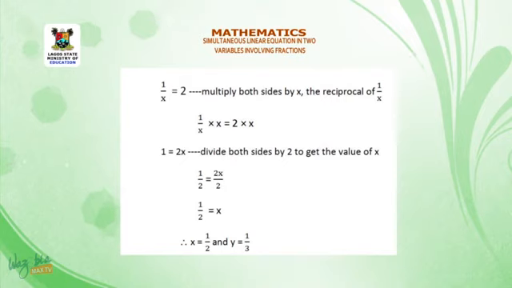Divide both sides by 2 to get the value of x. 1 over 2 is equal to 2x over 2. 1 over 2 is equal to x. Therefore, x is equal to 1 over 2 and y is equal to 1 over 3.